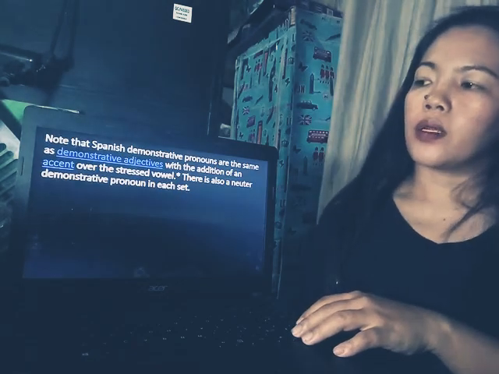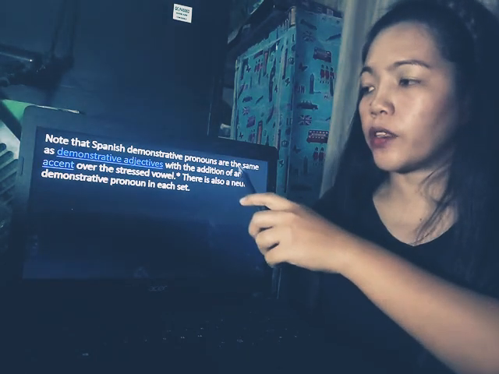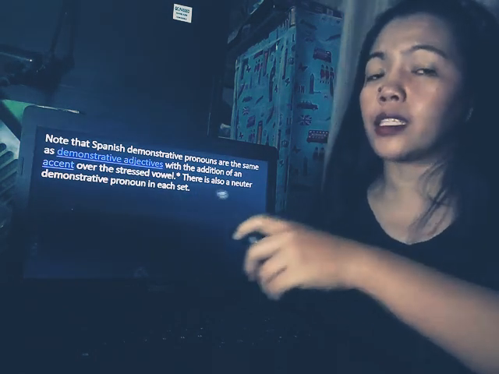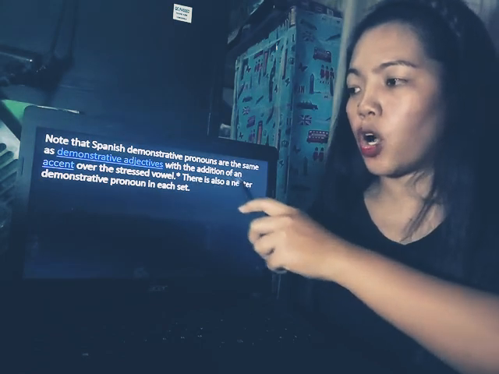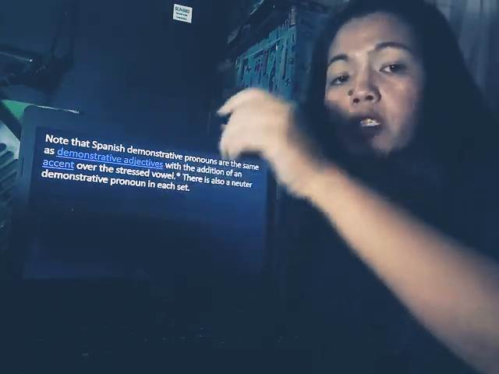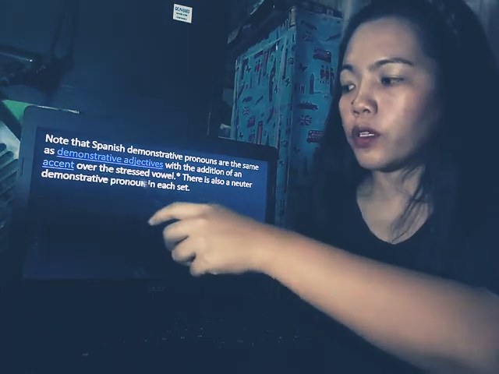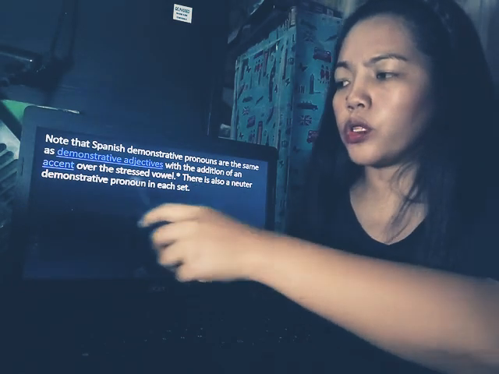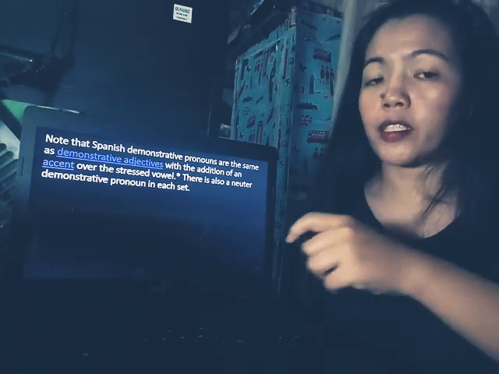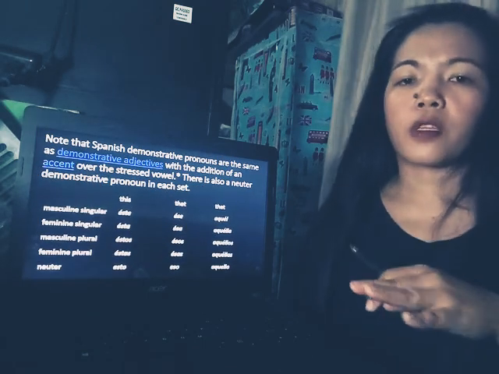Note that the Spanish demonstrative pronouns are the same as the demonstrative adjectives, with the addition of an accent. You can see some stress, like I pointed out earlier, over the stressed vowel. There is also a neuter demonstrative pronoun in each set, so there is no specific gender.